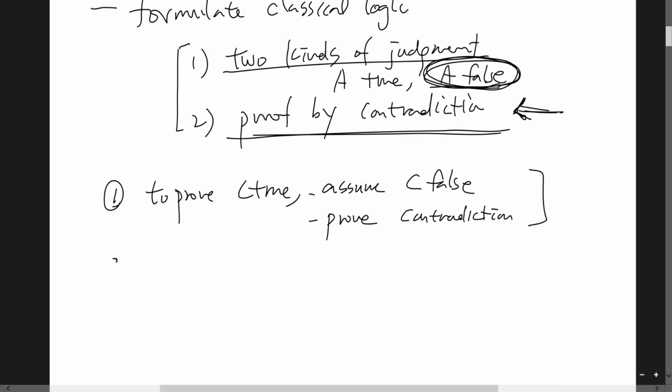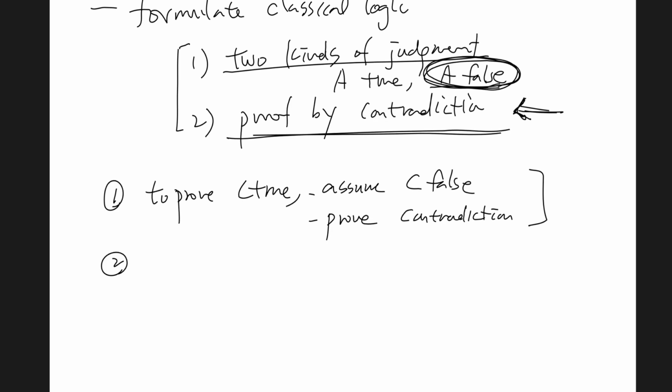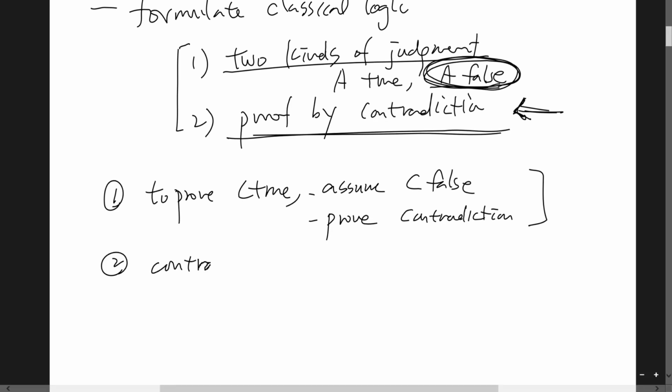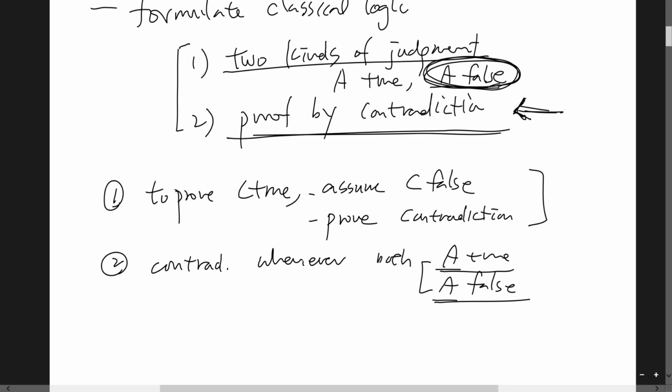Now we have to also explain when we can generate the contradiction. So we obtain contradiction whenever we have both A true and A false. It doesn't matter what kind of proposition A we have. Any proposition is fine. Whenever you have both A true and A false, the situation is self-contradictory and we have this contradiction.